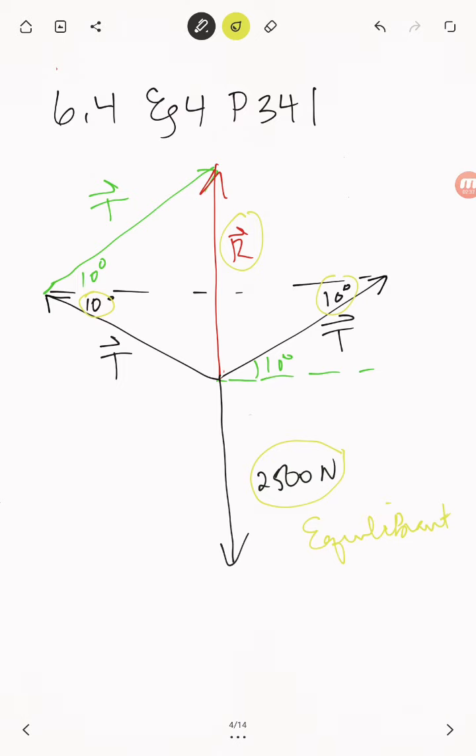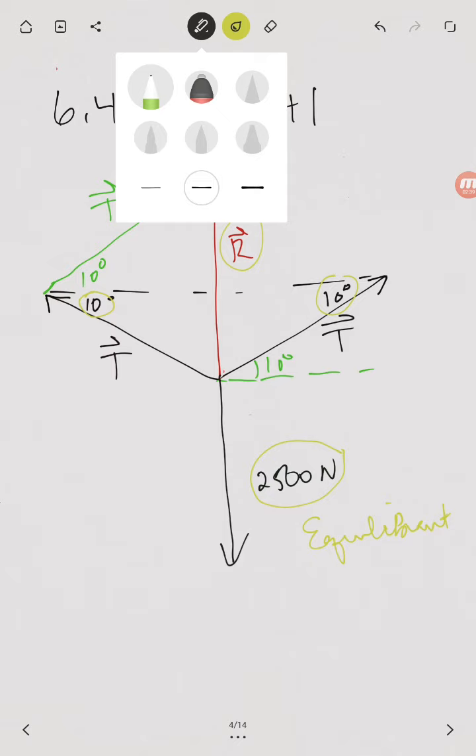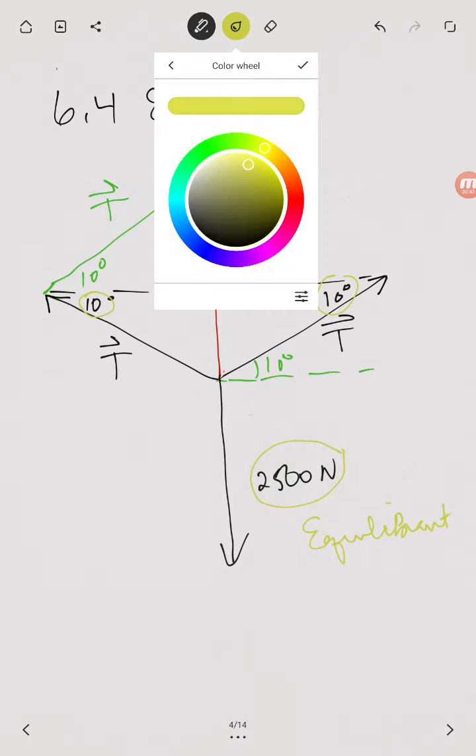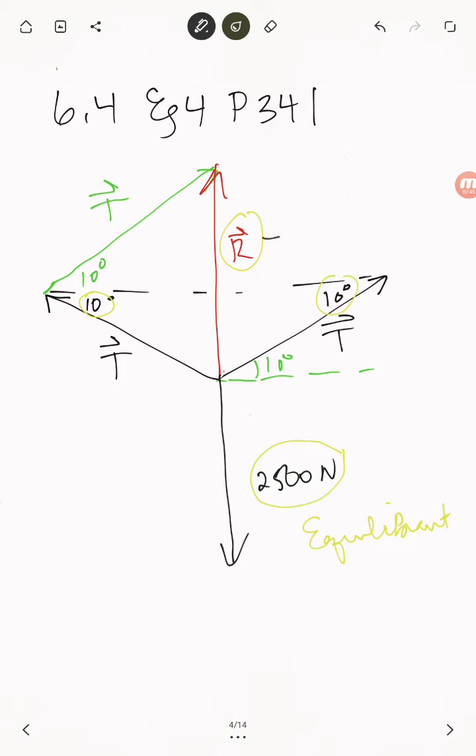We know that the resultant must be equal to the equilibrant because that's always the case. So we actually do know at this point that this resultant vector is 2,500 newtons in an upward direction, opposite to the direction of the equilibrant vector, which is the weight of the stoplight.